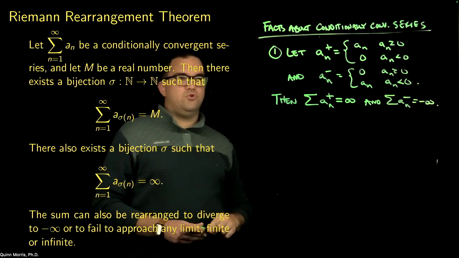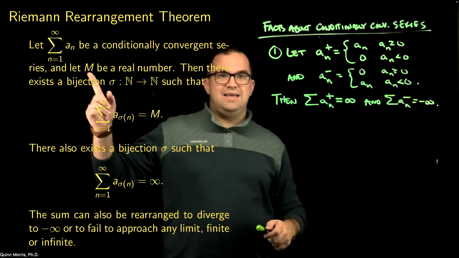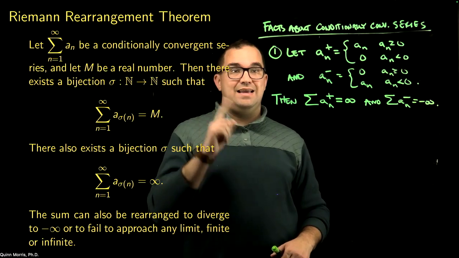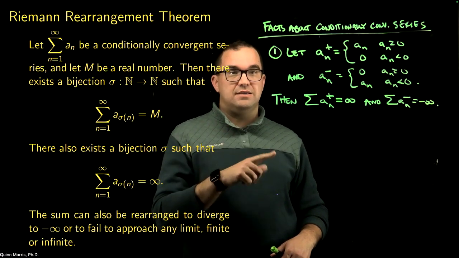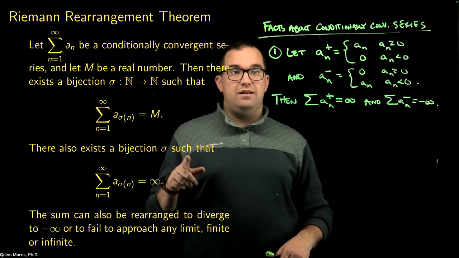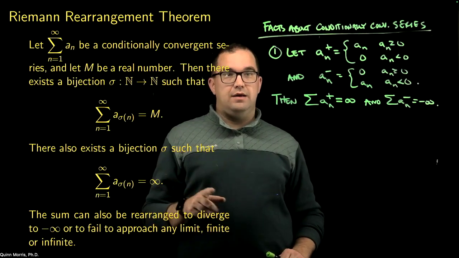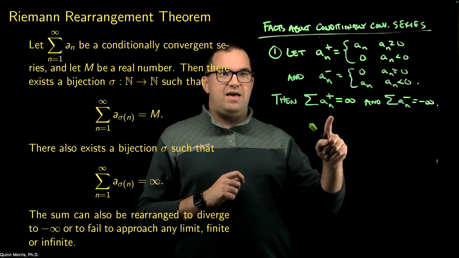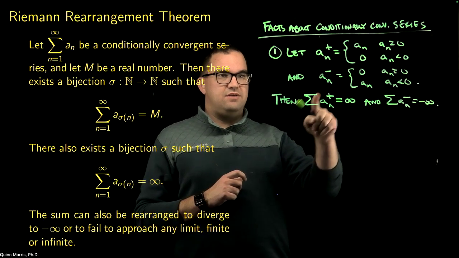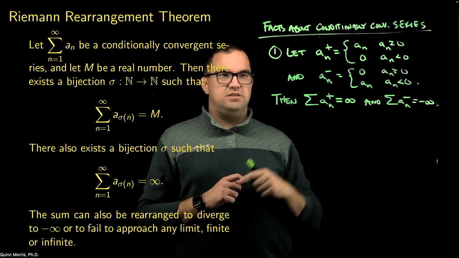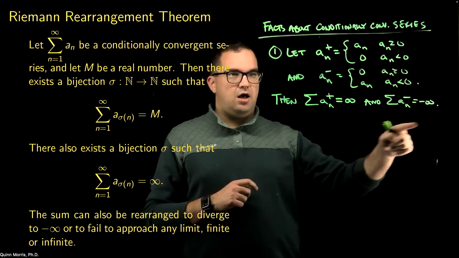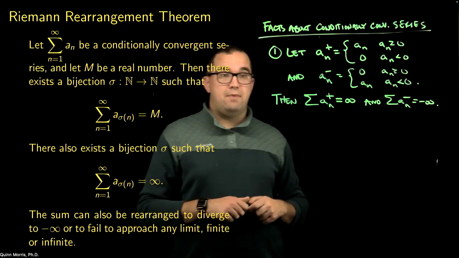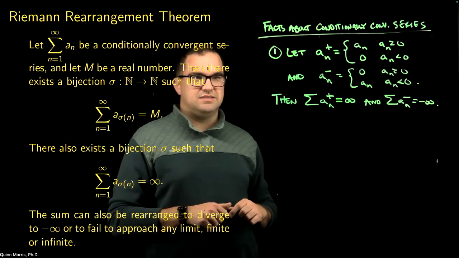Now, there's really two facts going on here. The first is that any conditionally convergent series must have an infinite number of positive terms and an infinite number of negative terms. The second piece then is that once you know that, you can show that the sum of those infinite number of positive terms must diverge to infinity, and the sum of those infinite number of negative terms must diverge to minus infinity.